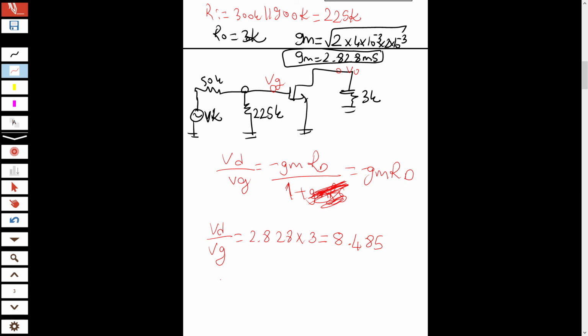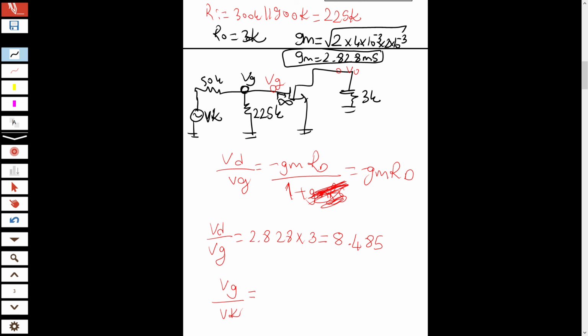So what is V gate over Vk? Remember we see infinite resistance from gate of the MOSFET, so it is simply resistive divider.